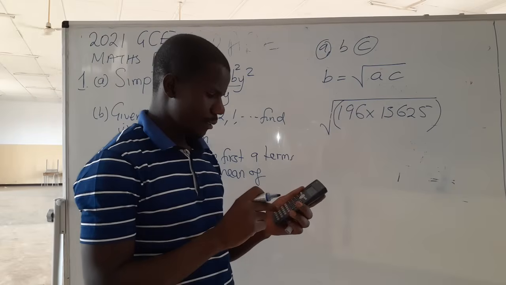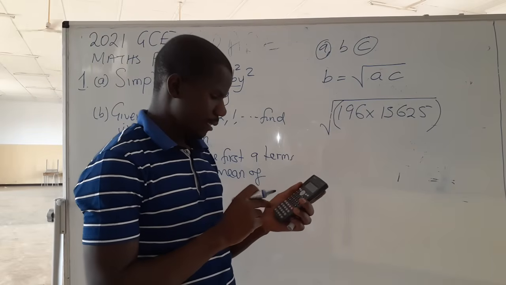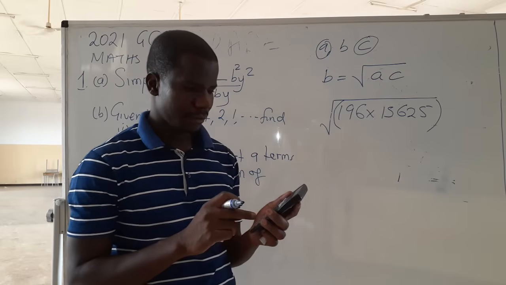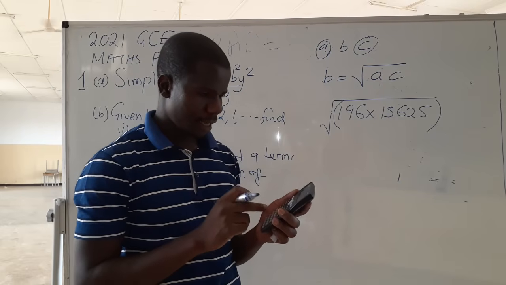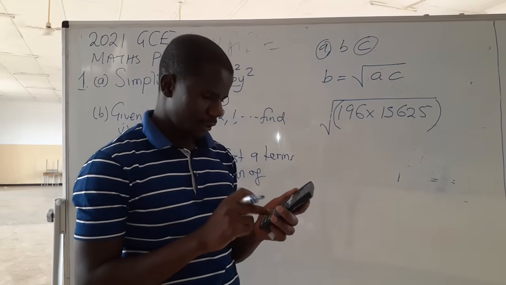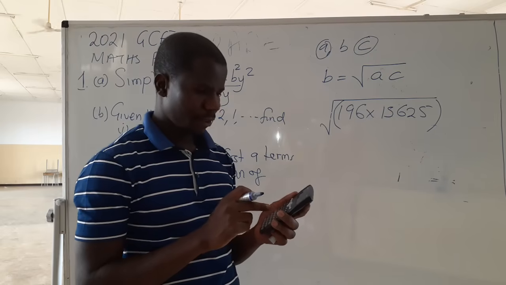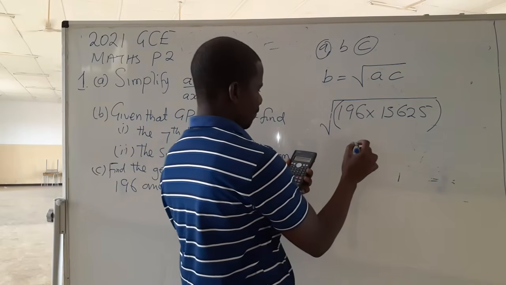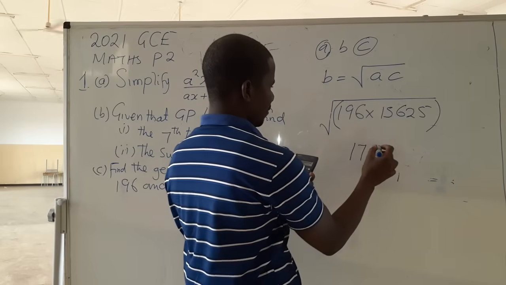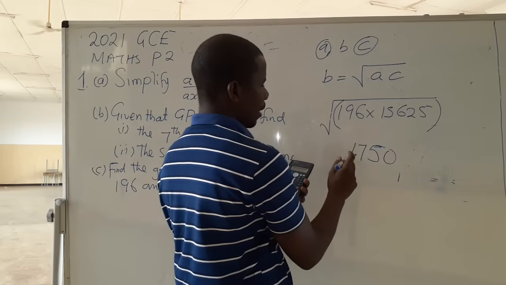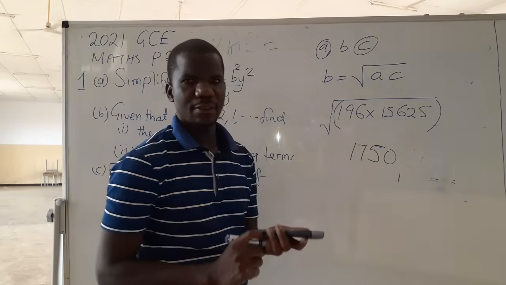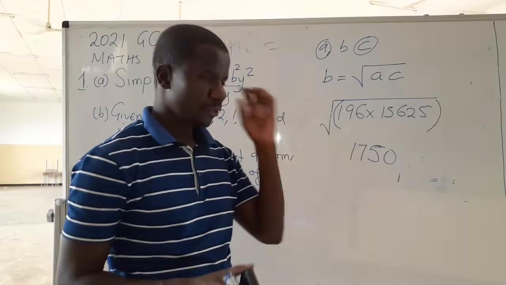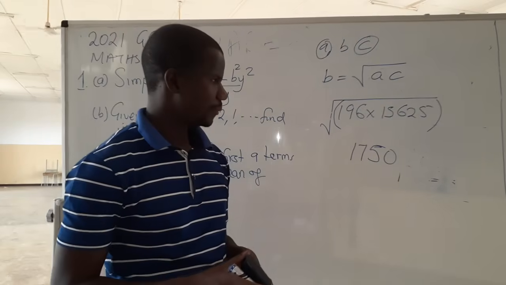So you say open square root open brackets 196 multiplied by 15,625 close brackets equals. So we're going to have 1750. Okay? That is what we're going to get as our answer.